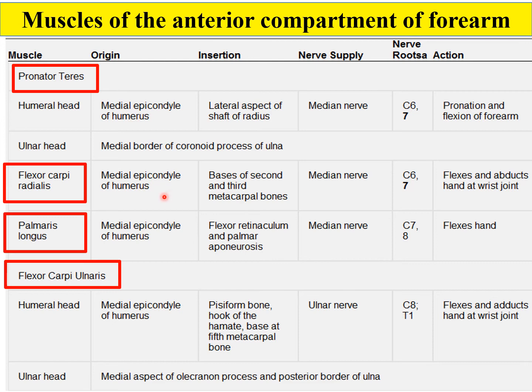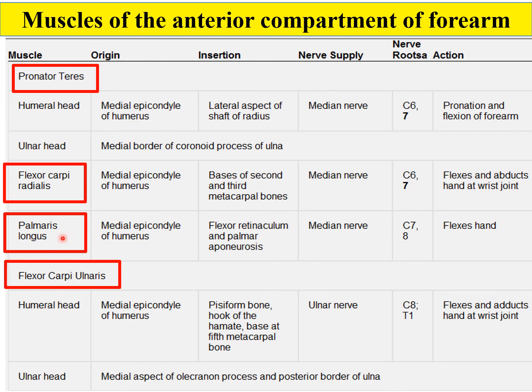So arising from the humerus and attached to the carpal bones on the radial side, that's why it is known as carpi radialis. The nerve is the same, median nerve, and it flexes and abducts the hand at the wrist because it is attached to the lateral side. So when it contracts, radial deviation will take place.